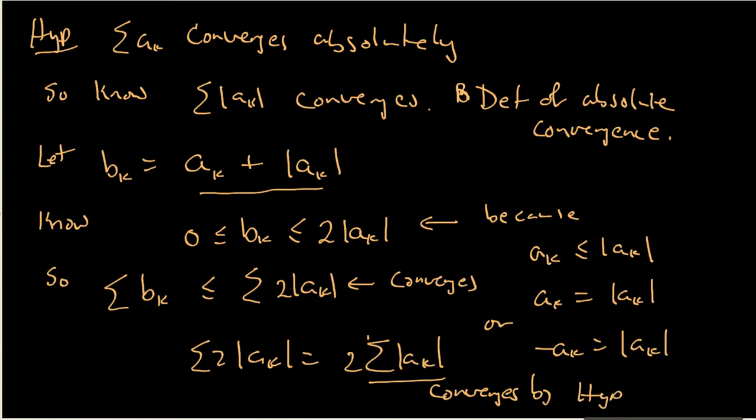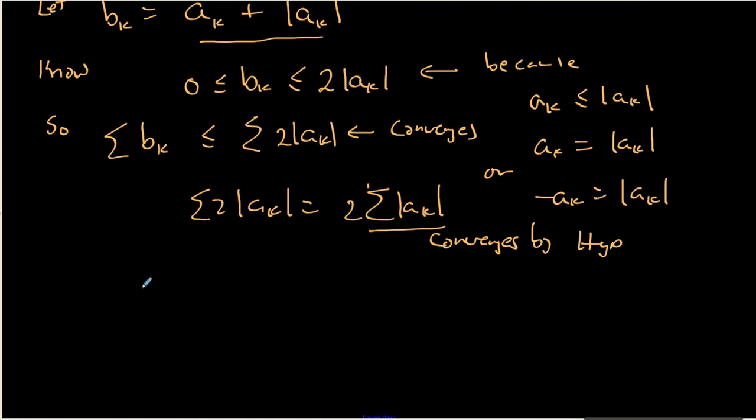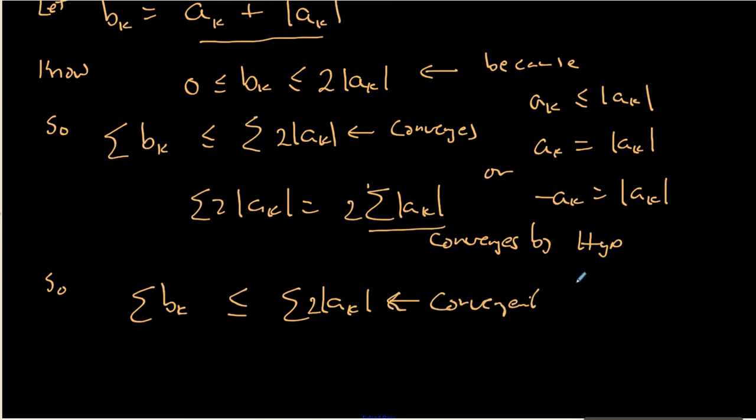So what I want to notice is that the series of BKs is less than or equal to 2 times the absolute value of AK. This is a convergent positive term series.